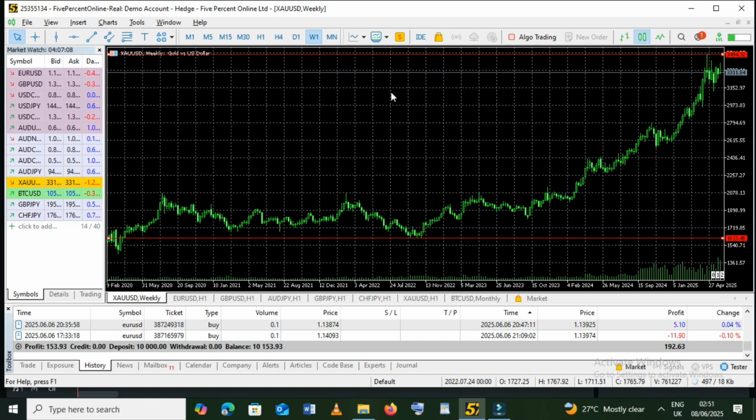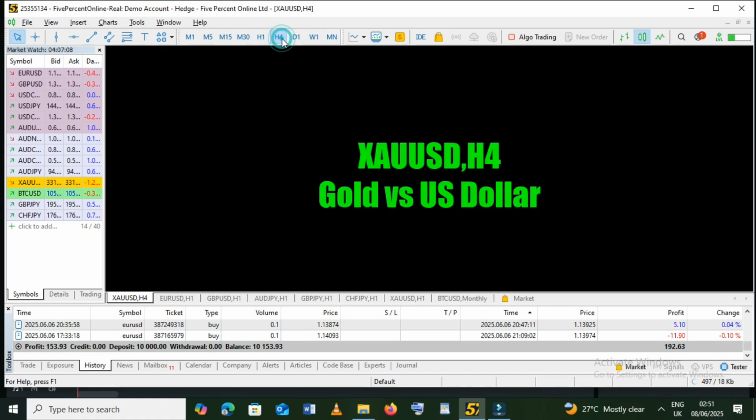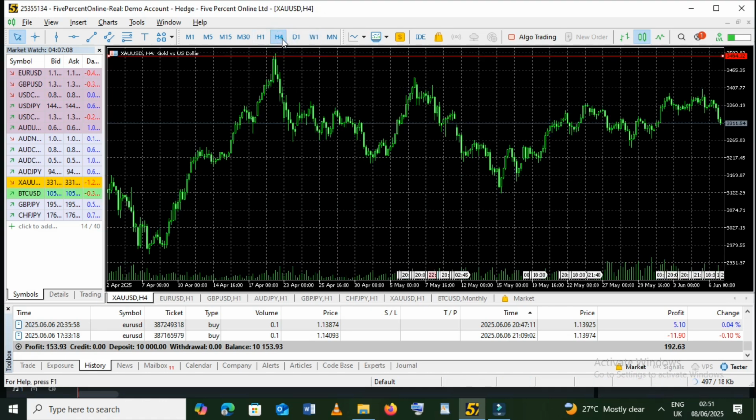The next thing we have to do is go to the 4 hours time frame to confirm what we are seeing in the market. In the 4 hours time frame, the market is still in a bullish direction, but it made a small pullback, a reversal.